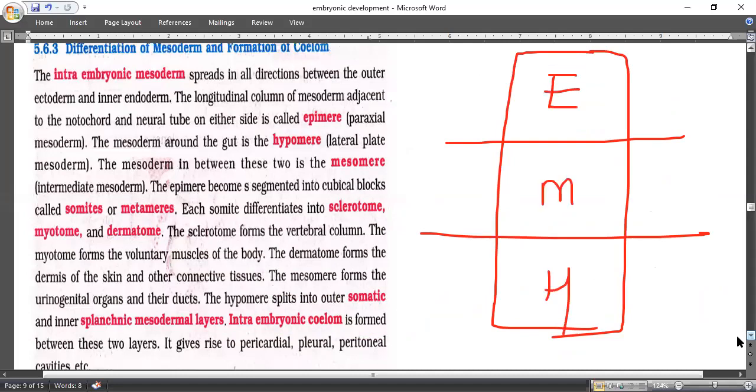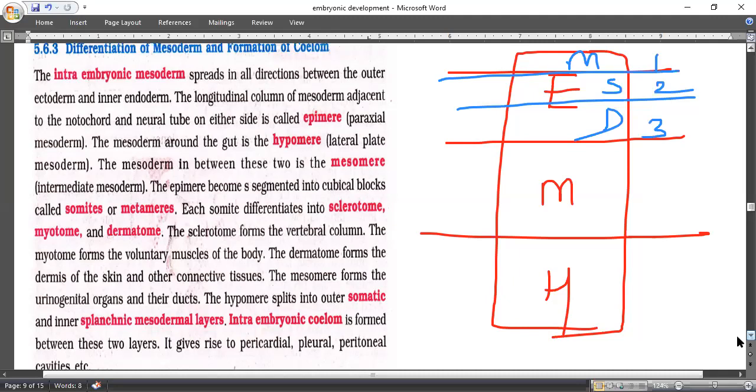Epimere is again differentiated into three: myotome, sclerotome, dermatome. Now what myotome forms, what sclerotome forms, what dermatome forms, what mesomere forms, and what hypomere forms. These are the five things to be remembered in this paragraph.